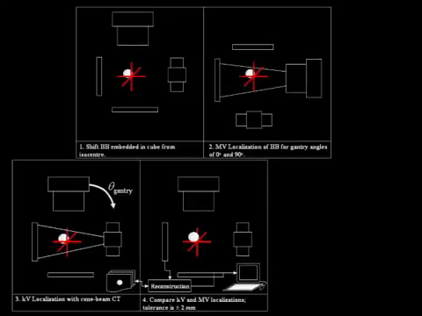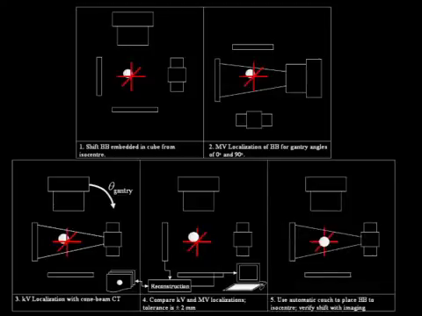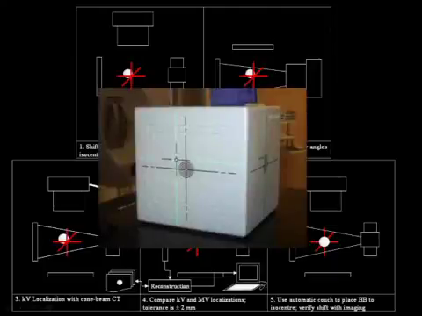And then we test the accuracy of the remote controlled couch by correcting the position of the ball bearing using the remote controlled couch, and we take another cone beam to verify the accuracy of the correction. And this can be done using an alternate set of markings, so therapists only align the cube according to these alternate markers.